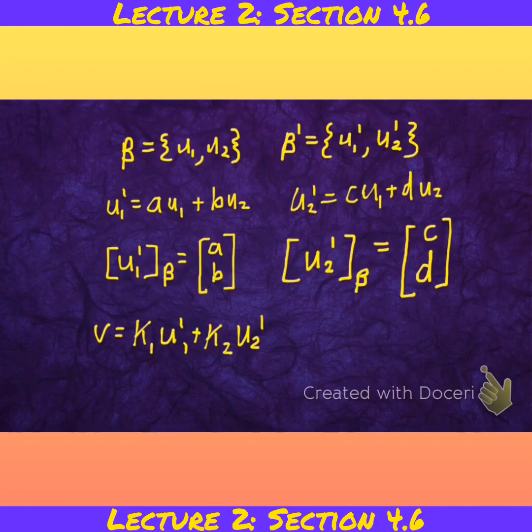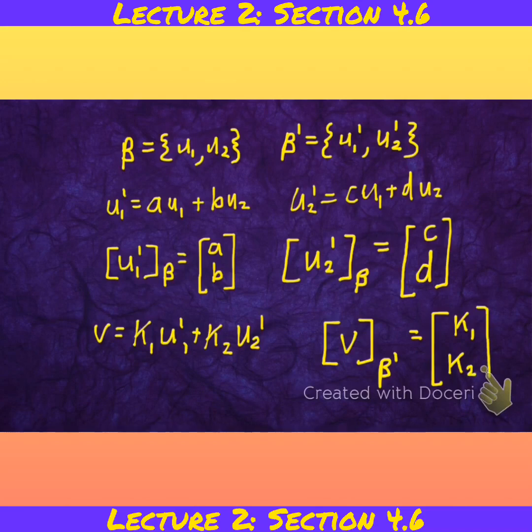It is the vector k1, k2. Now the question becomes, what is the coordinate vector of v with respect to the basis B? How do we get that?